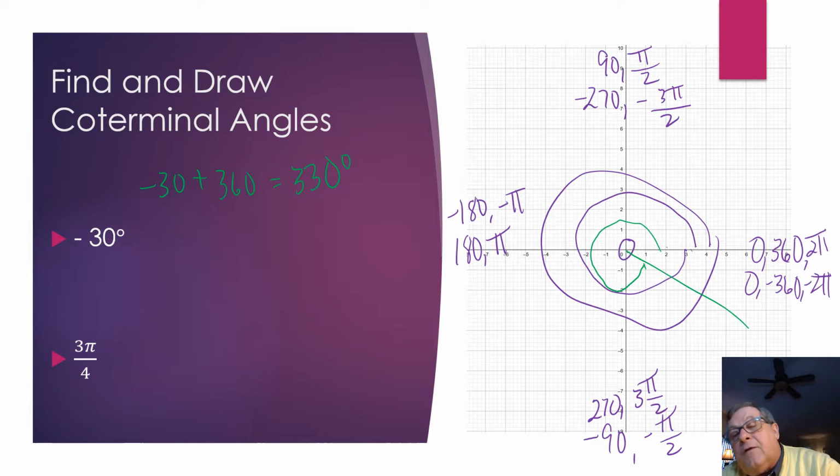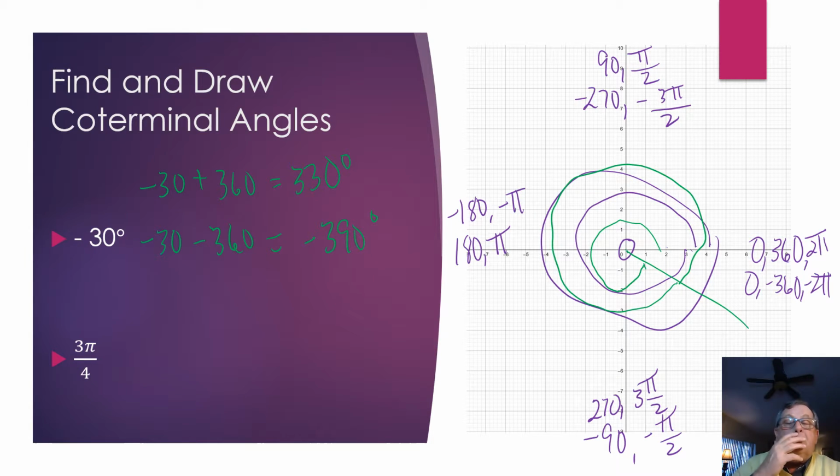Well, I would go this initial 30 degrees and I would move clockwise around back to the terminal angle. And algebraically, I could say, well, okay, I had a negative 30, and from there, I went another negative 360, and so a negative angle that would share that same coterminal side would be 390 degrees.